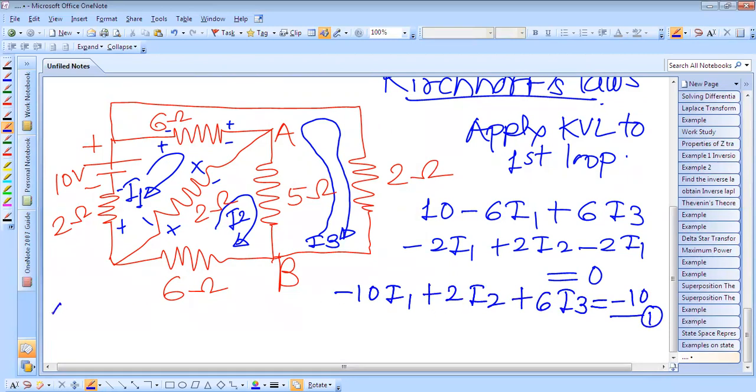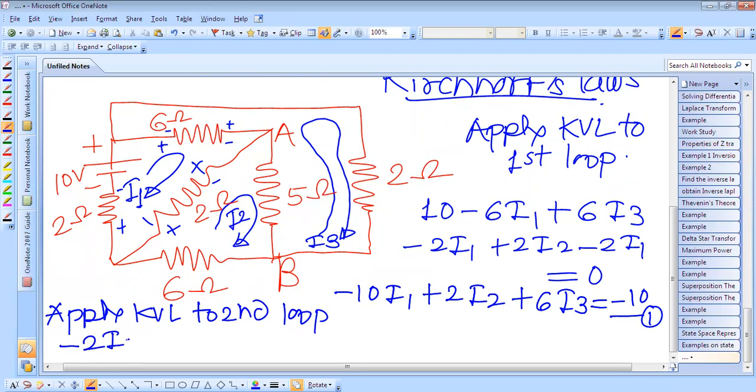Now apply KVL to the second loop. Now I am going in this direction, starting from this current. So minus 2I1, because there is a fall in potential from positive to negative.